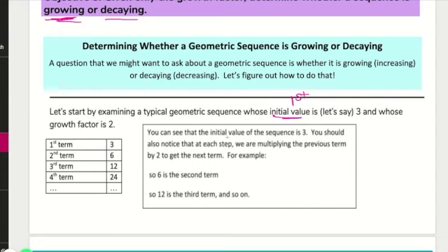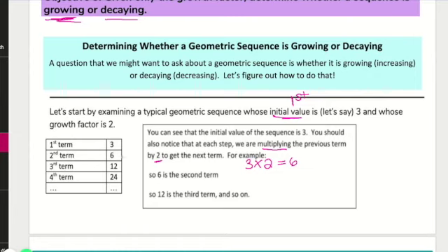You can see that the initial value in the sequence is 3. And you should also notice that at each step, we're multiplying the previous term by 2 to get to the next term. For example, we have 3 times 2 for the first term is equal to 6.